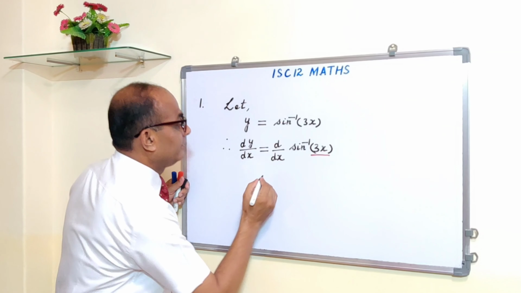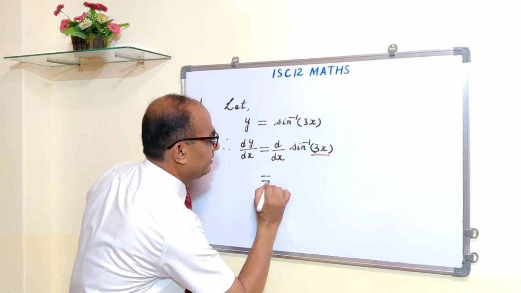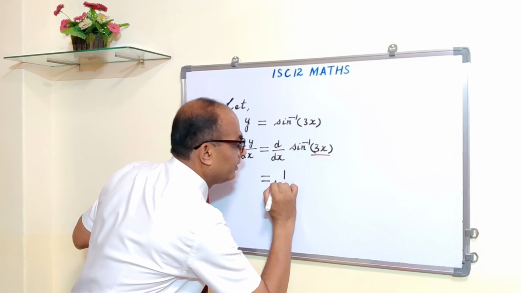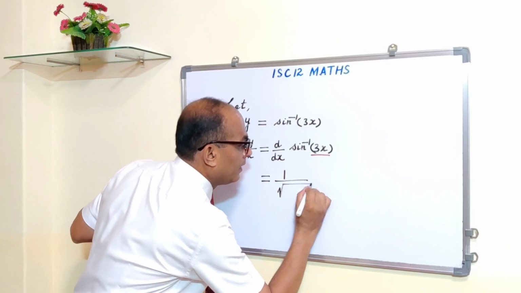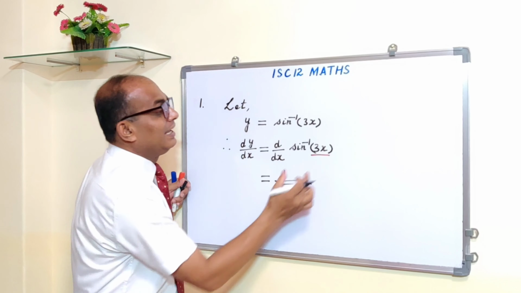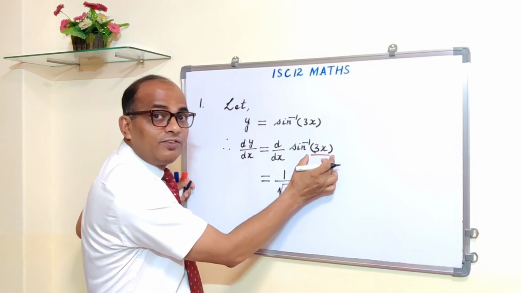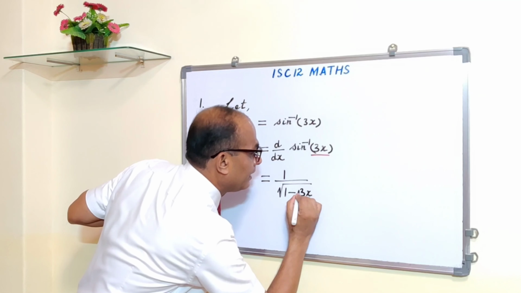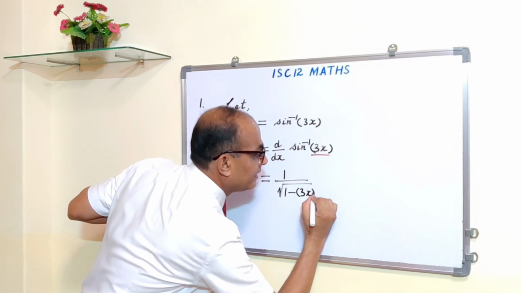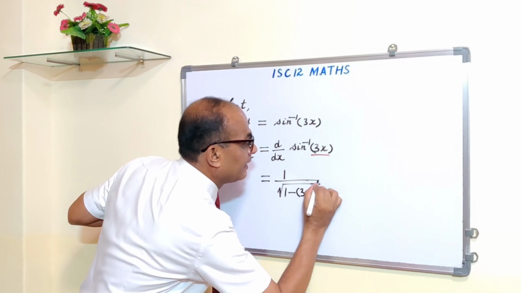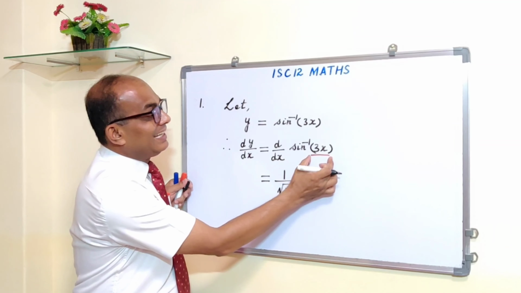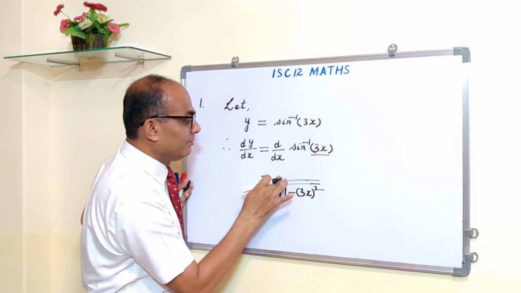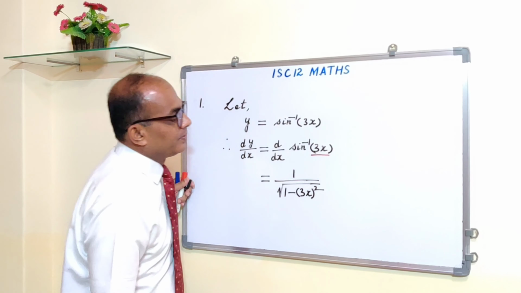So we can write down then this is equal to, by the formula, 1 upon root 1 minus x, but in place of x we have 3x, and of course there should be a bracket, so (3x) square.